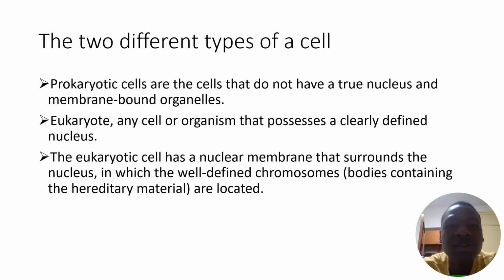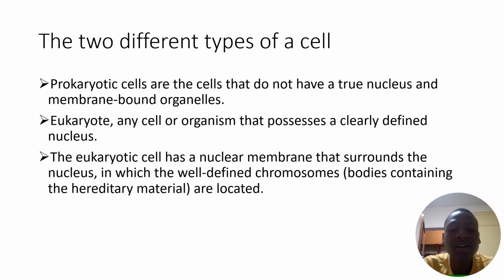We have two different cells. We have the prokaryote, which are cells that do not have a true nucleus and membrane-bound organelles. We have the eukaryote cells, or organisms that possess a clearly defined cell. Basically, the difference between the two is prokaryotes do not have a nucleus, and eukaryotes have a nucleus.